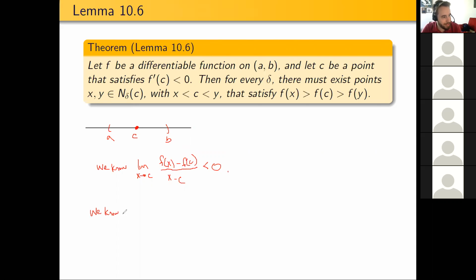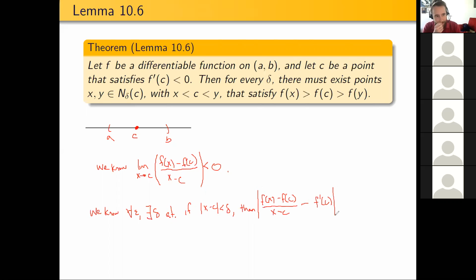So we know for all epsilon, there exists a delta such that if the absolute value of x minus c is less than delta, then this expression, the entire difference quotient, f of x minus f of c over x minus c, minus f prime of c would be less than epsilon.